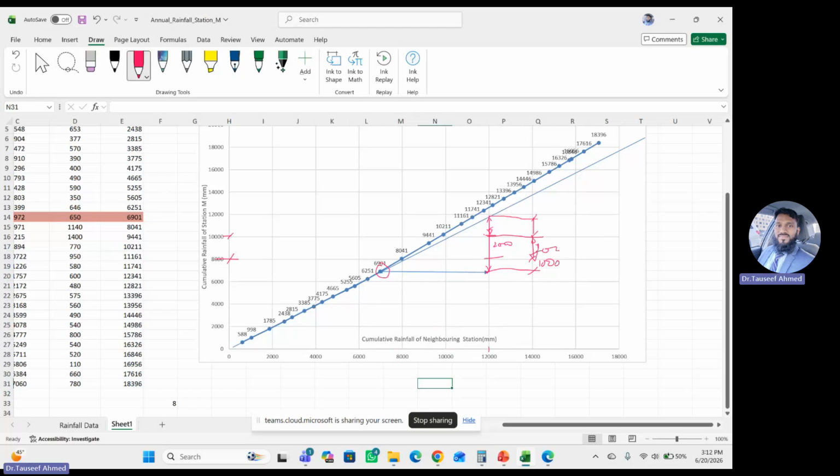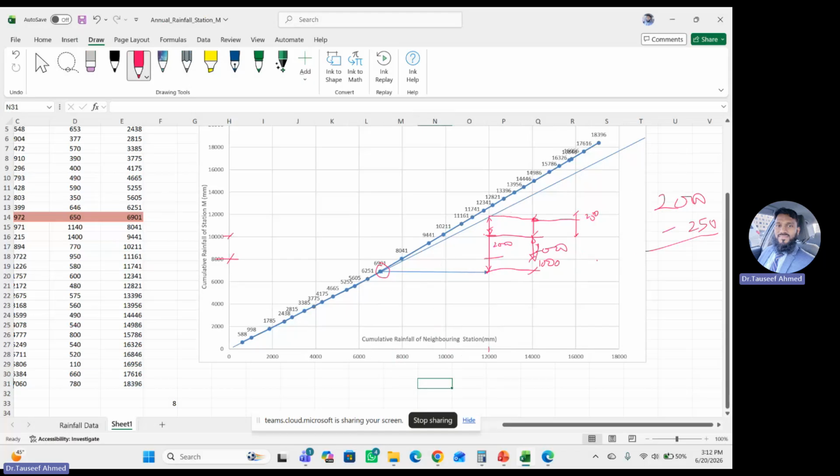And what should this value be? If the total is 2,000, it is slightly less, maybe 250 less. So 2,000 minus 250.